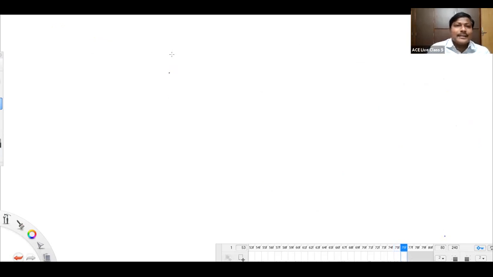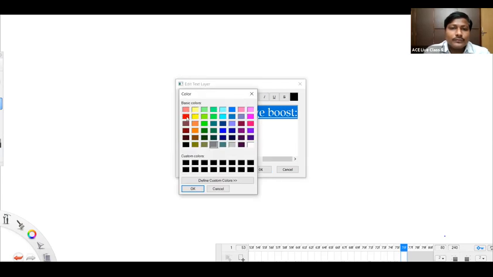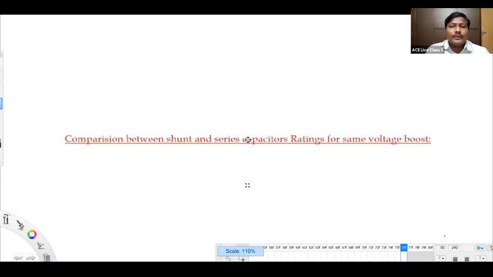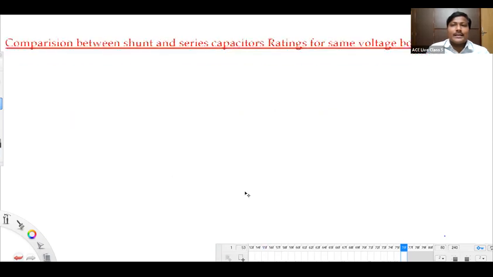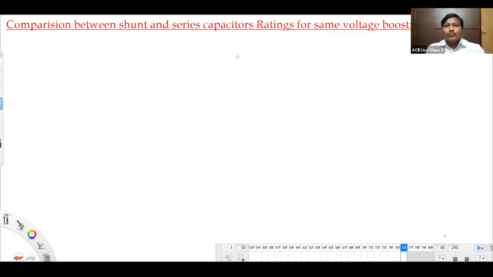Next heading: comparison between shunt and series capacitors, ratings for the same voltage boost. Means voltage increment, I can say, for the same voltage boost.